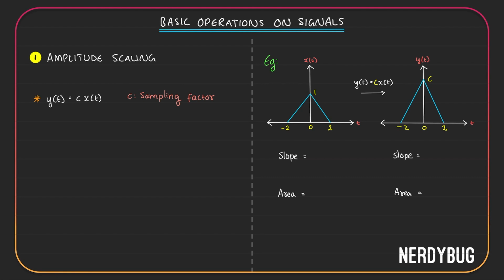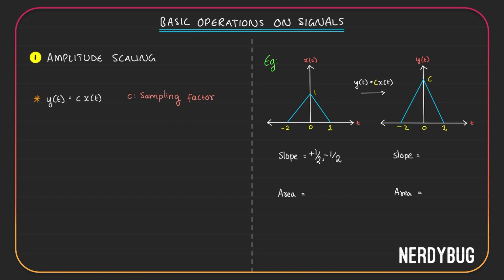Let's take a look at the slopes of these graphs. Over here, we can see the slope is 1 by 2, and the slope is positive, so positive 1 by 2. Over here, the slope is negative, and it is still 1 by 2, so it's -1 by 2.